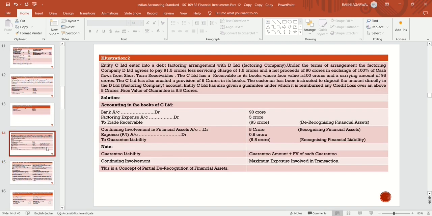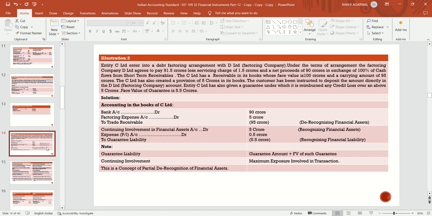Entity C Limited enters into a debt factoring arrangement with D Limited, that is the factoring company. Under the terms of the arrangement, the factoring company D Limited agrees to pay 91.5 crores less servicing charge of 1.5 crore, a net proceed of 90 crore, in exchange of 100% of cash flows from short-term receivables.